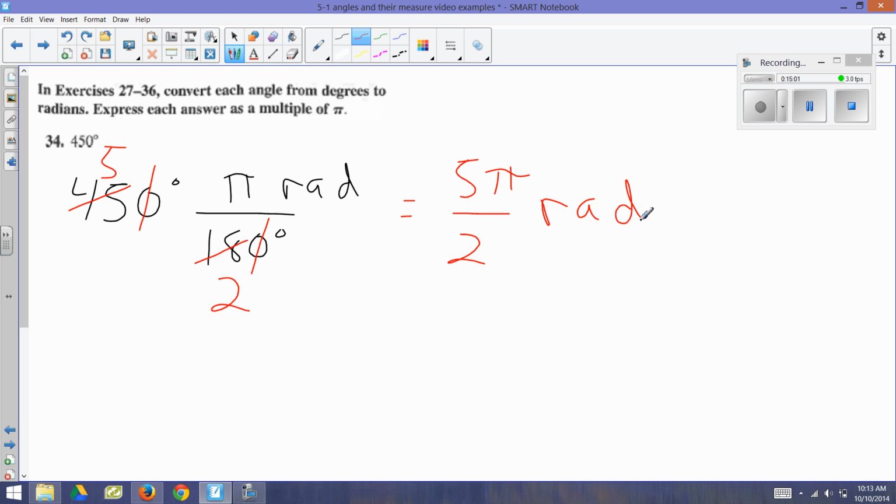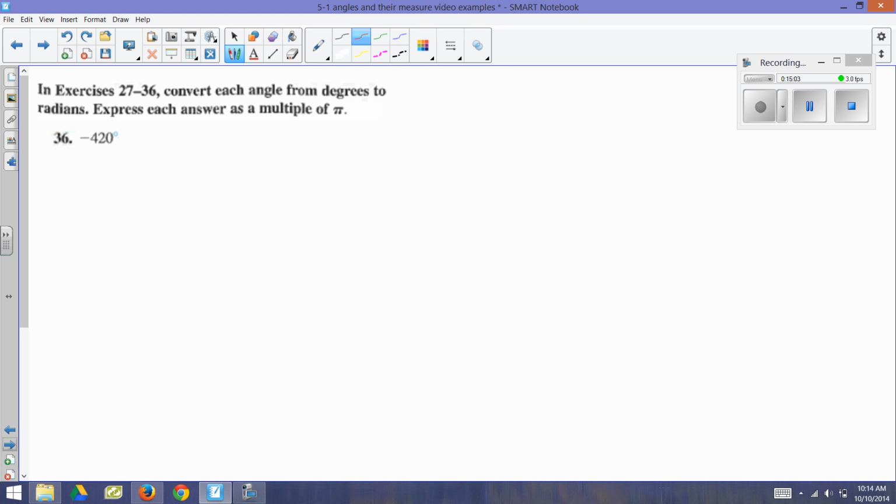Next one. Convert each angle from degrees to radians. Same thing. Negative 420 degrees. Convert. 180 degrees on the bottom, pi radians on the top. Let's reduce.